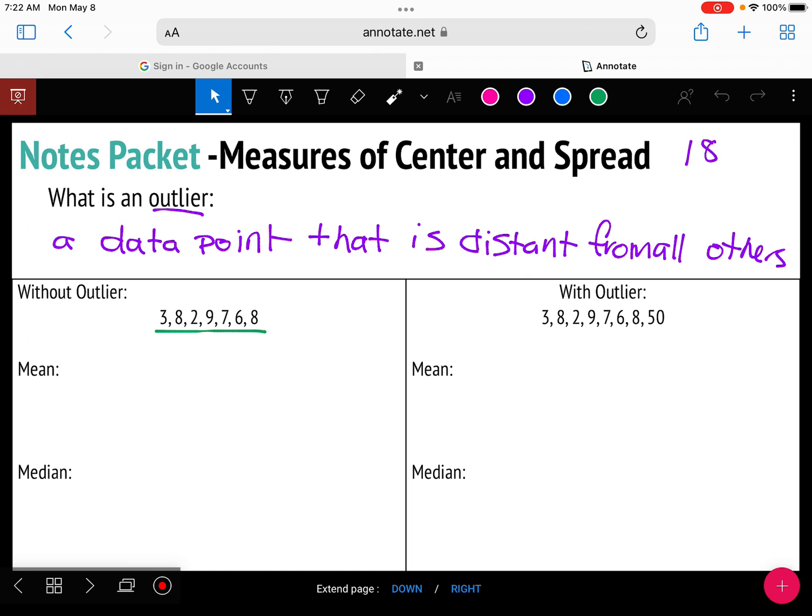I got to switch my calculator over and then I can work on it with you. So how do I find my mean again? Add them all up. And then divide by how many there are.